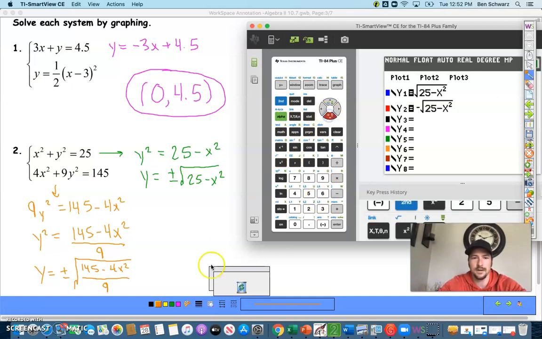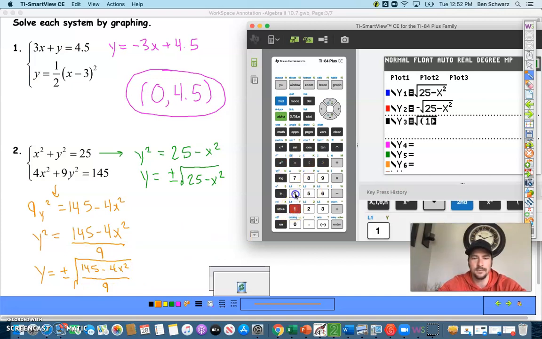Okay, and then I'm looking at these orange ones. Big old thing here, so got to be a little careful plugging it in. So square root, especially with this 9, because this is all under the square root. So on top, we're going to do parentheses, 145 minus 4x squared, close the parentheses, and then divide by 9.